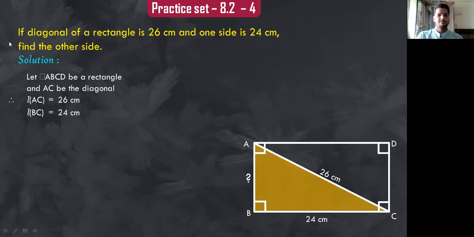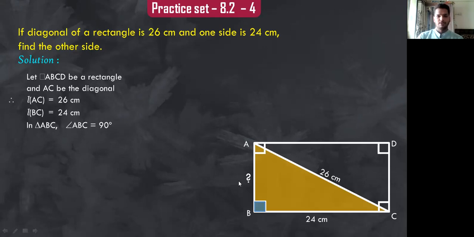So that means in triangle ABC, angle ABC is 90 degrees. And whenever you have a right angle triangle, if you know the measurement of two sides, you can easily find the measurement of the third side using Pythagoras theorem, right?